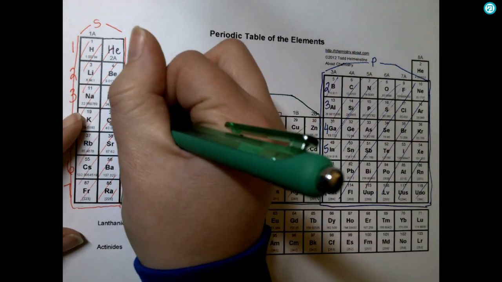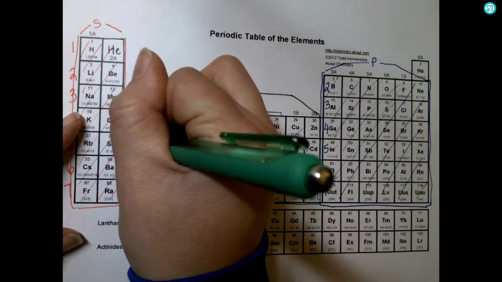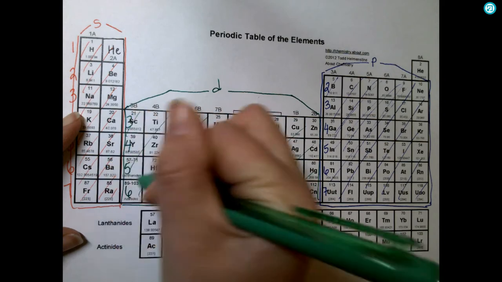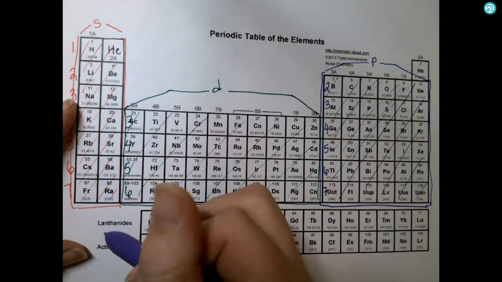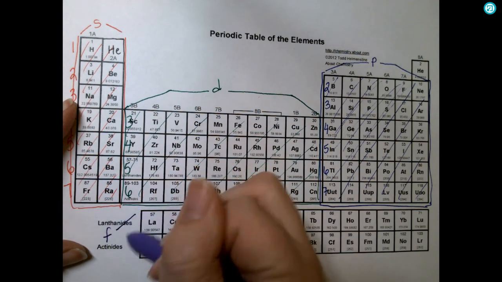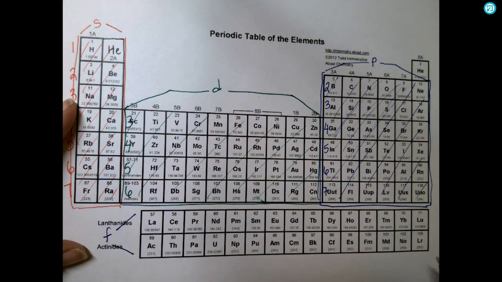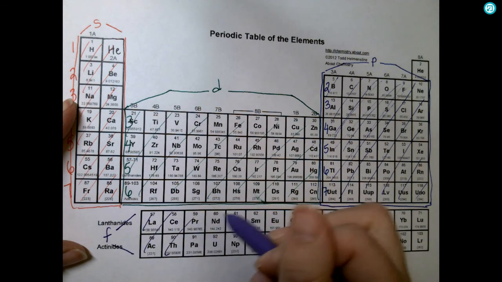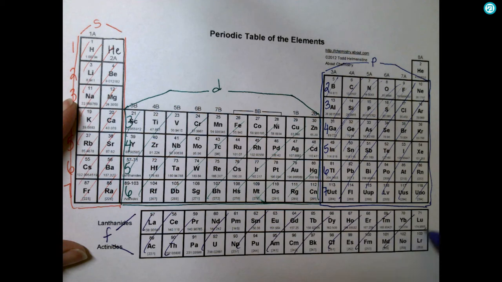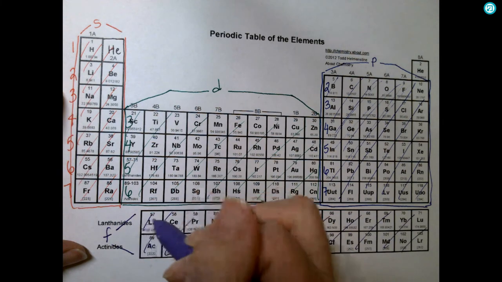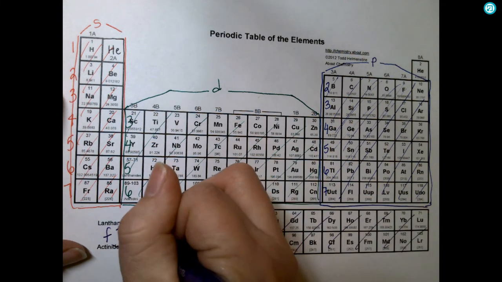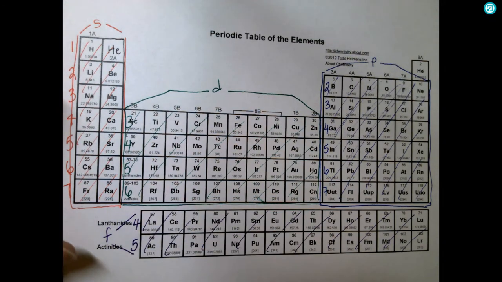So we're going to start by numbering this 3, 4, 5, and 6. And then finally, we have our F orbital, which we can see in our inner transition metals. So all of these are our F block, and that is our 4th highest. So that's going to be numbered by 4 and then 5.